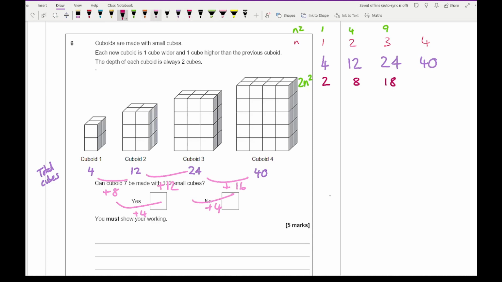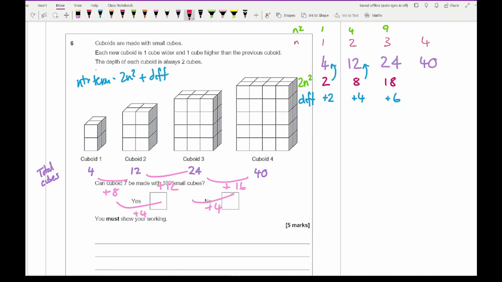So then what I need to do is look at the difference between these. So the nth term is going to be 2n squared plus the difference. Now the difference between the numbers from this one to this one is plus 2 plus 4 plus 6.